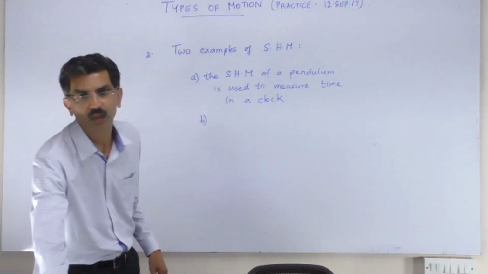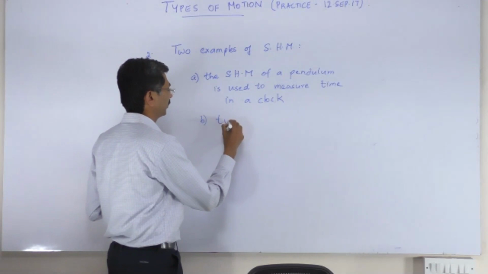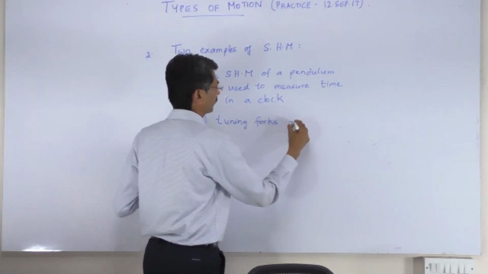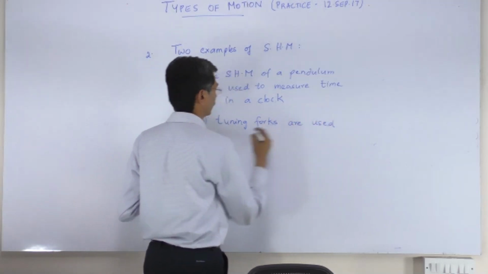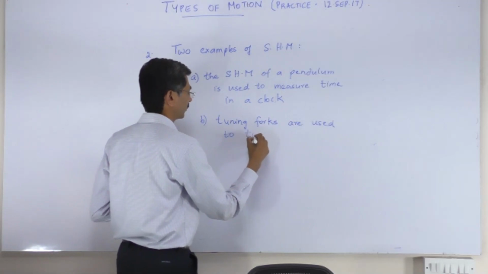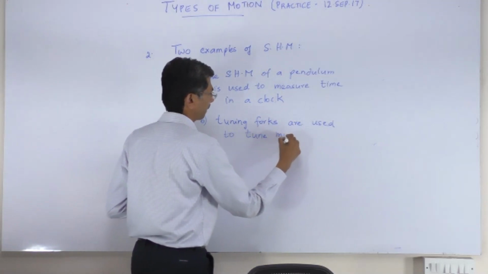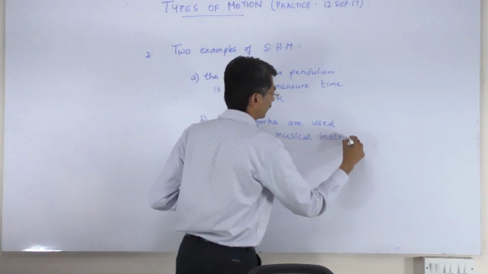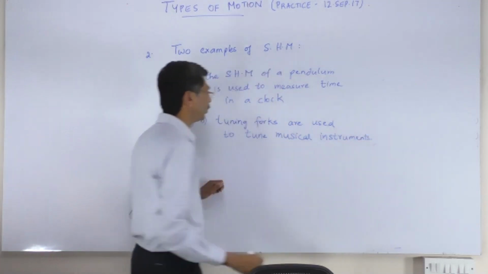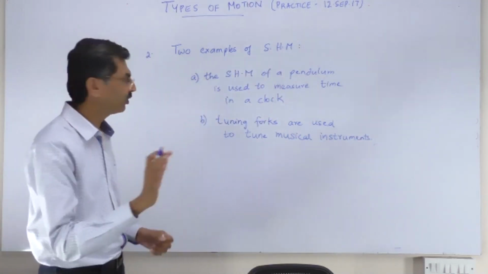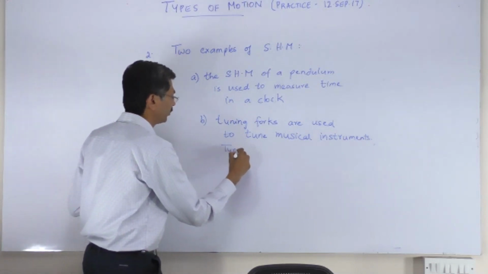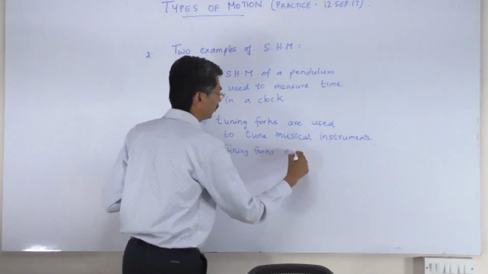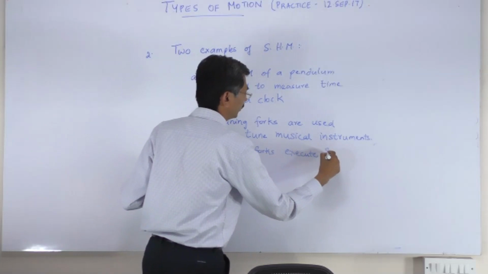So our second example is tuning forks are used to tune musical instruments. Tuning forks execute simple harmonic motion.